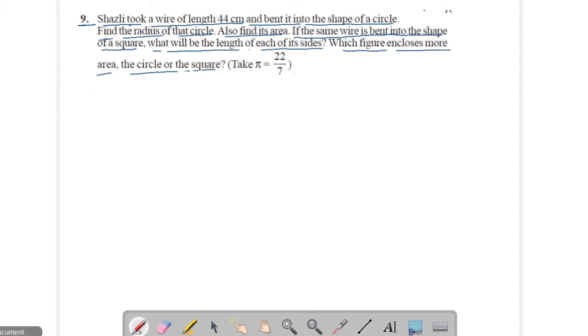Now, wire is bent into the shape of a square.